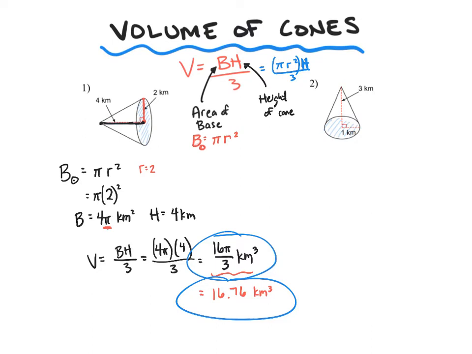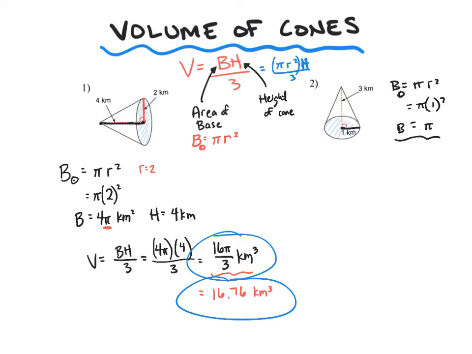Next. All right, to find the big B, it's a circle, so we use pi r squared. That's pi times, my radius is 1, so pi times 1 squared. 1 squared is still just 1. So my big B is just 1 pi. I don't even need to put the 1 there.